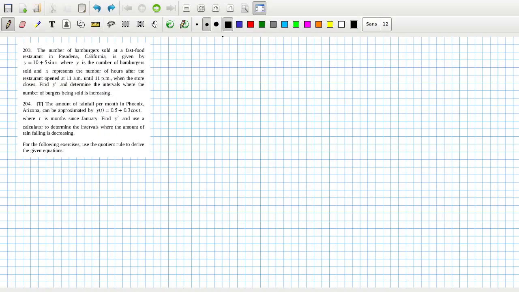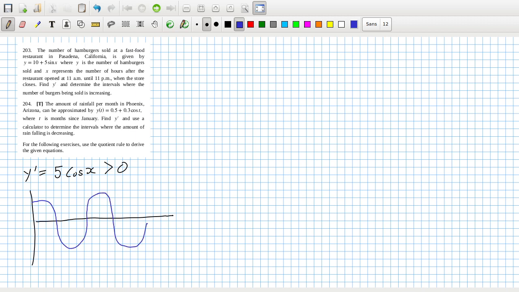Okay, so first thing is we want the derivative of this function for when hamburgers are sold. So that's 5 cos x. And we want to know when is it positive. So we nearly have 2 periods, but instead of stopping at 4 pi, we stop a little bit sooner.